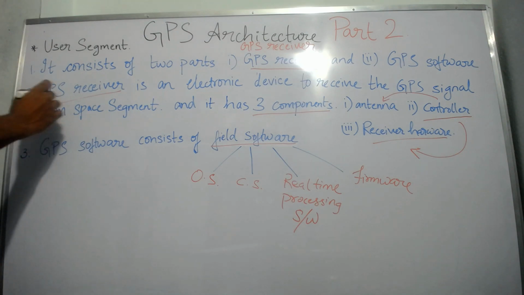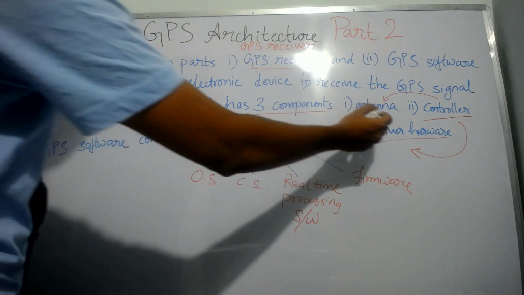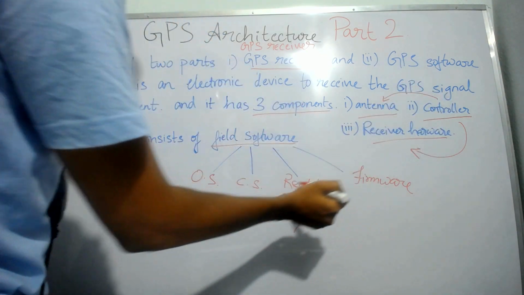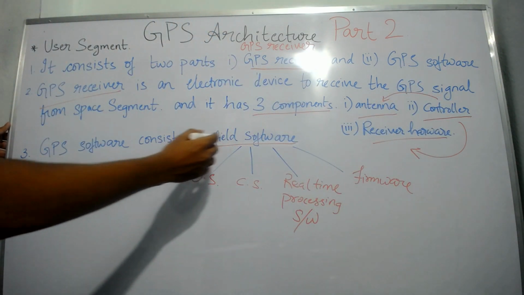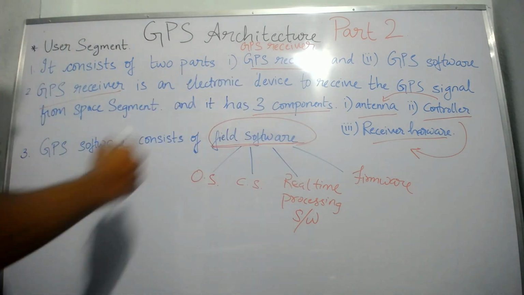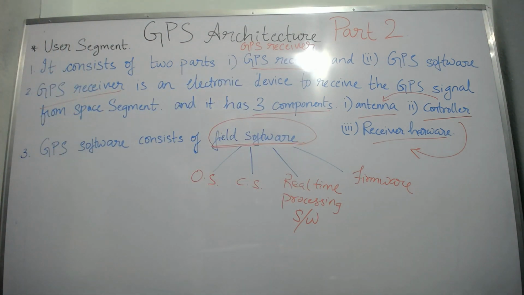Therefore, the GPS receiver, which consists of the antenna component, is controlled by the controller with an operating system, or field software, which is called field software. That's it about the user segment.